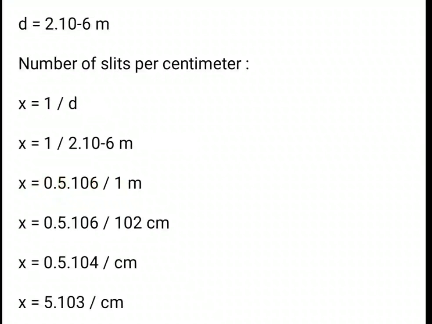As we know the relation for the number of slits per centimeter, x is equal to 1 by d. So substitute the d value here: 1 by 2 into 10 power minus 6 meters, that is 0.5 into 10 power 6 per meter, that is 0.5 into 10 power 6 by 10 square per centimeter.